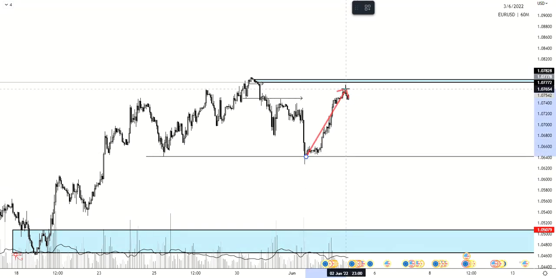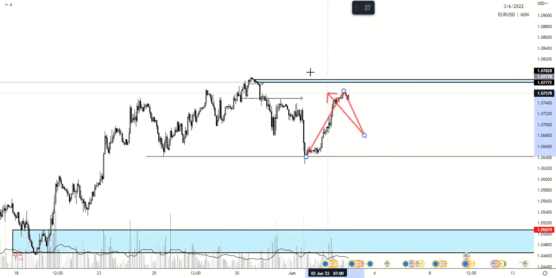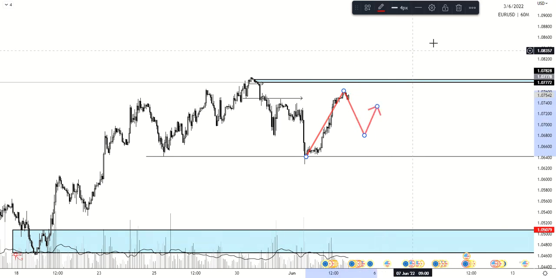If we create this lower high here, we could possibly break structure, create a higher low here, and continue. But at the same time, we're looking at our higher time frame structure. So we know that there's demand in this area, but we also know that supply has more of a chance to overtake demand due to our higher time frame bearish structure.